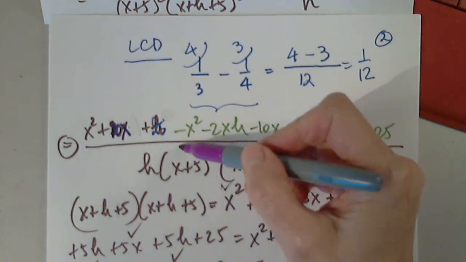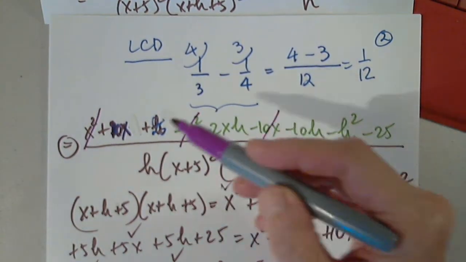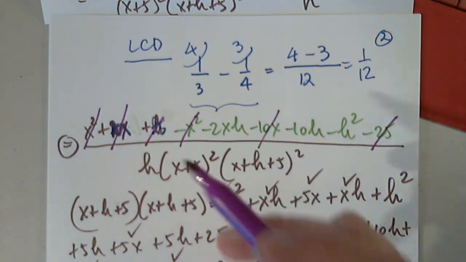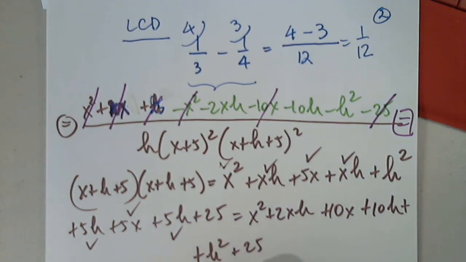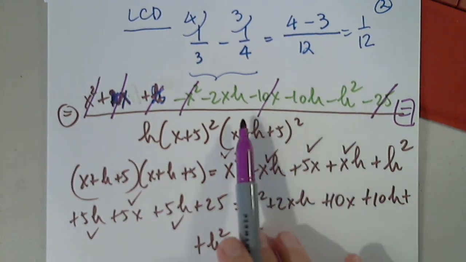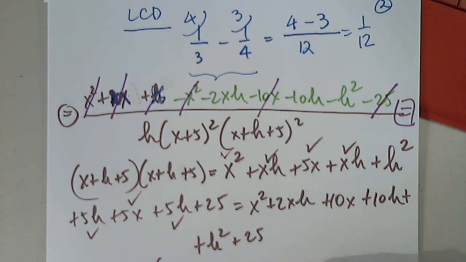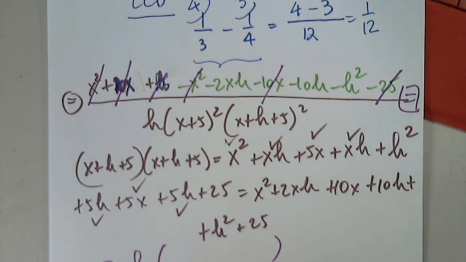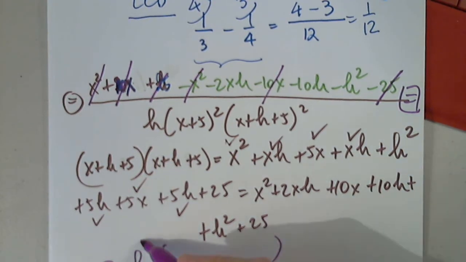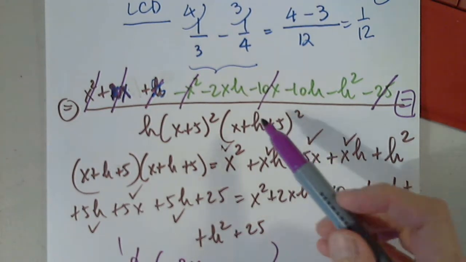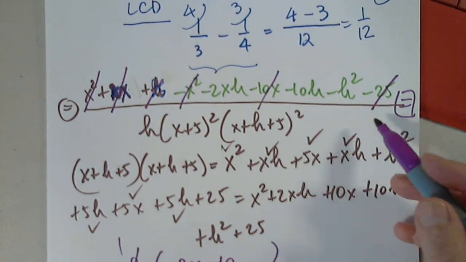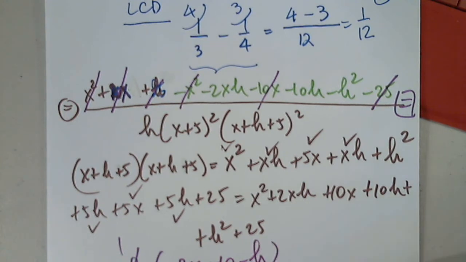Okay, so these two must go away, these two must go away, and these two must go away. Now the top has h, all the remaining terms must have h in common because the denominator has h. This will go away. So we have a negative 2x, we have a negative 10, and we have a negative h.